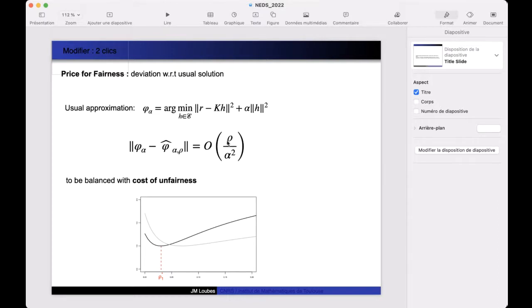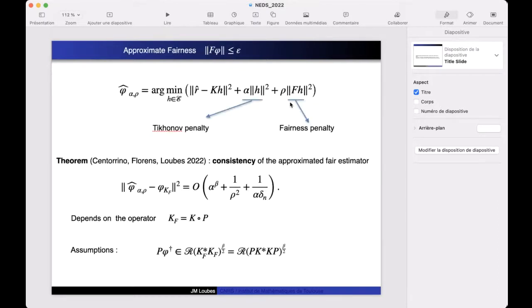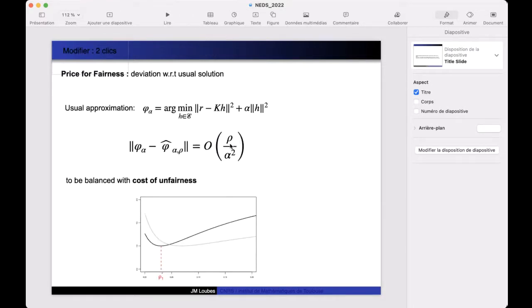That means that rho, I just recall, was the parameter I used to ensure fairness. So when I was looking at the consistency towards the fair function, I would want rho to be very large, but the larger I want it, the more I deviate from my original solution, which is quite normal because my original solution is not fair.